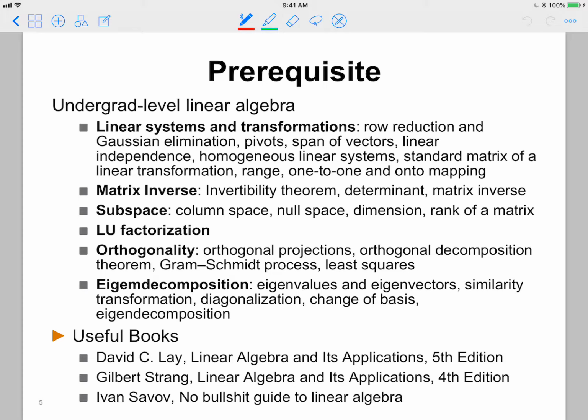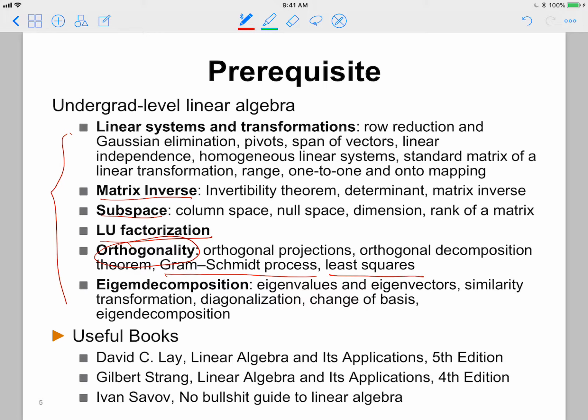I listed some of the topics that I assume you know about: linear systems and linear transformations, matrix inverse and subspaces, LU factorization, which is one of the first matrix factorizations you might have learned, and also orthogonality, inner product, the Gram-Schmidt process and least squares.